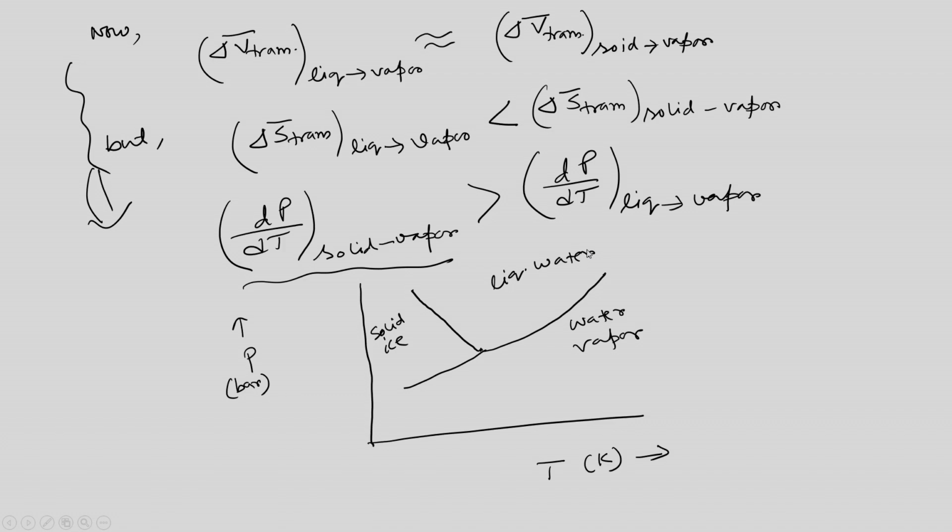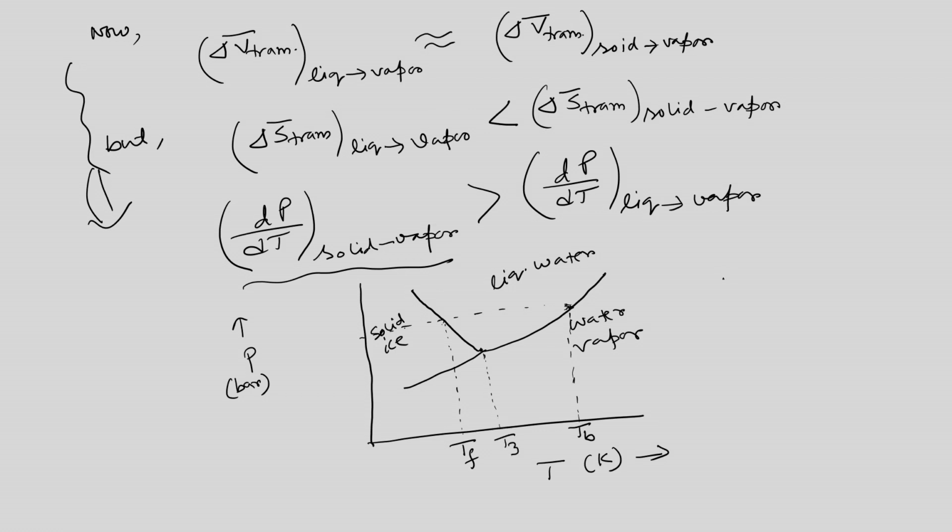And if we draw a line like this, the point it touches here is nothing but your boiling point, and this is the melting point or freezing point, whatever you say. And at this point all three phases coexist. This is known as the triple point or T3.